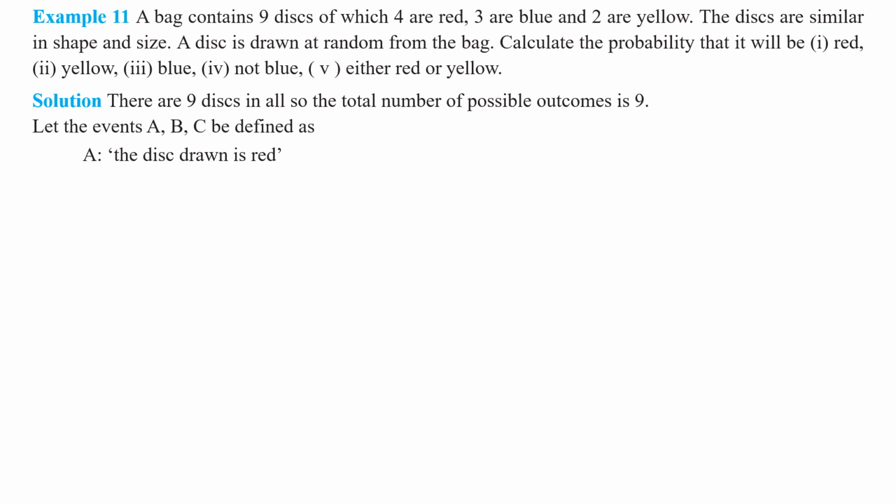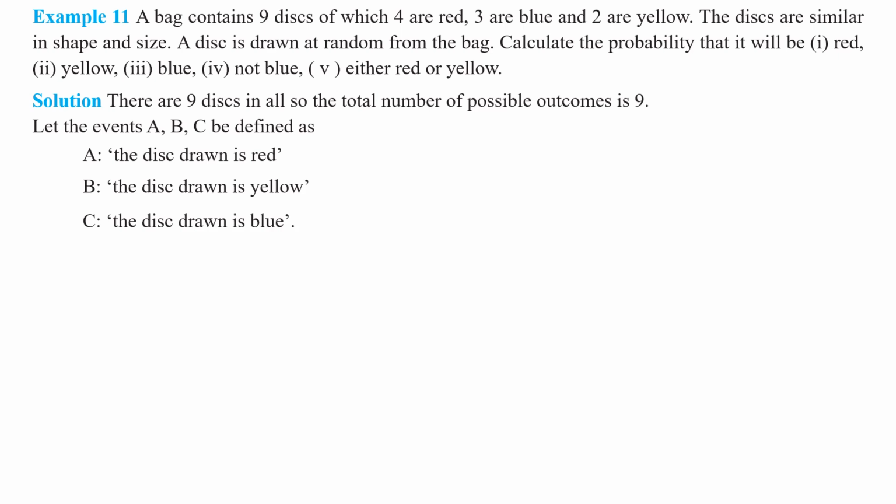Event A is the disc drawn is red. Next, event B is the disc drawn is yellow. And third, event C is the disc drawn is blue. Okay, my children, understood this?